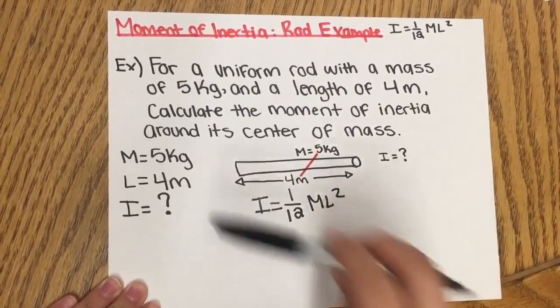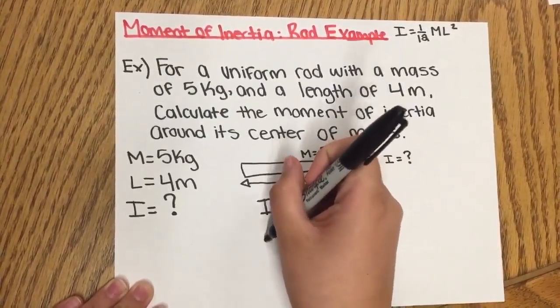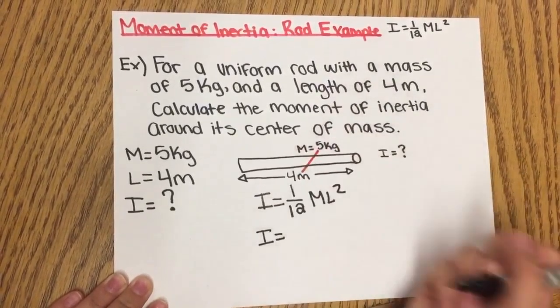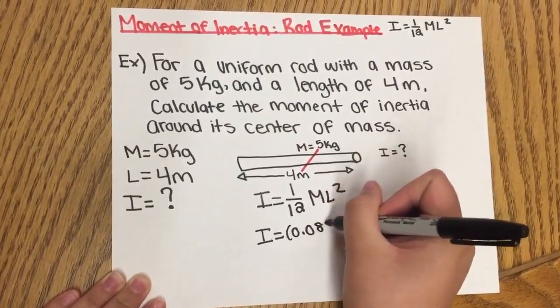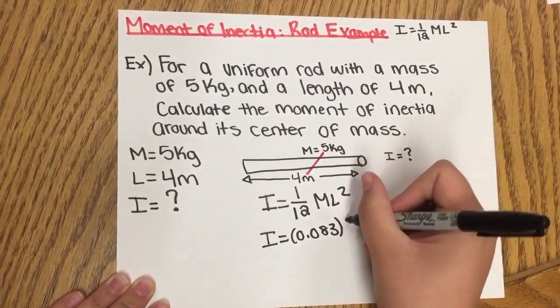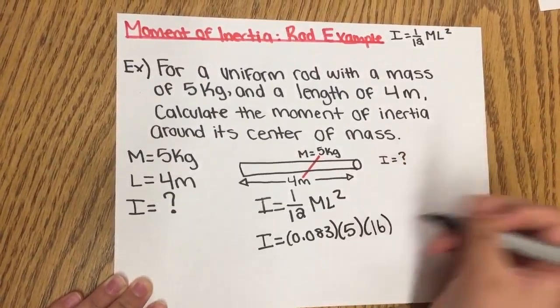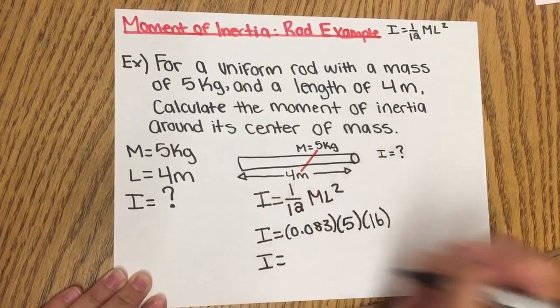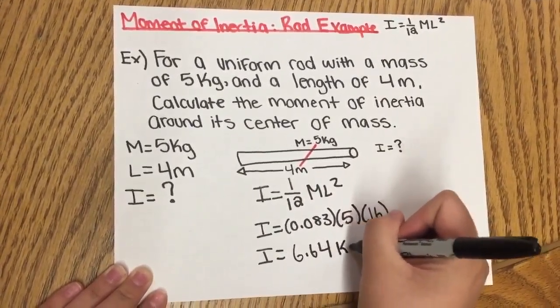In this case, the mass is 5 kilograms and the length is 4 meters. So 1 divided by 12 is 0.083. The mass is 5, and the length squared is 16. This gives us a final inertia of 6.64 kilograms meters squared.